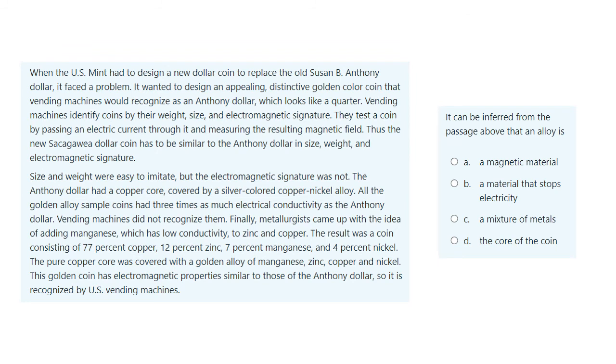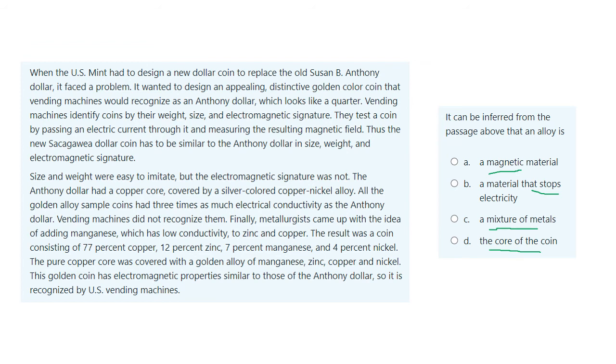Question 32. It can be inferred from the passage above that an alloy is a magnetic material, a material that stops electricity, a mixture of metals, or the core of the coin. So when the US Mint had to design a new dollar coin to replace the old Susan B. Anthony dollar, it faced a problem.